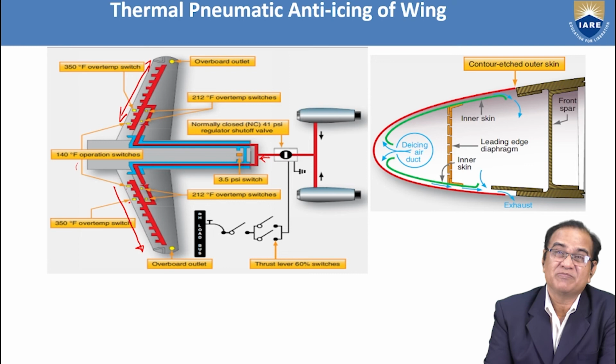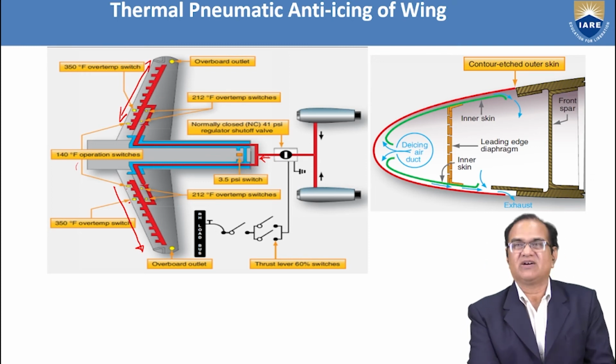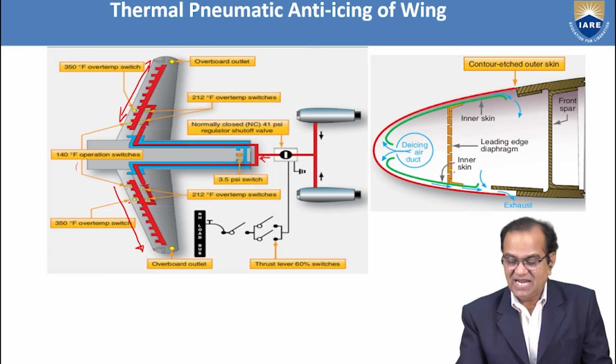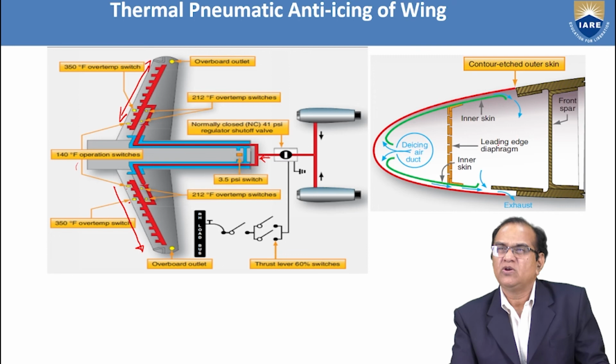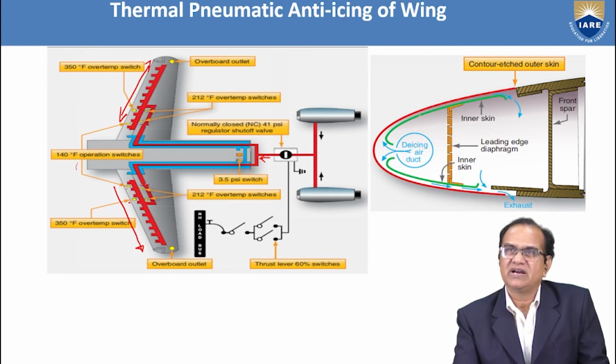As per this temperature, they will produce more or less hot gases so that the ice will be removed from the leading edge of the wing. A detailed sketch is shown here. You can see a contour etched outer skin, the red one, and then the green color.